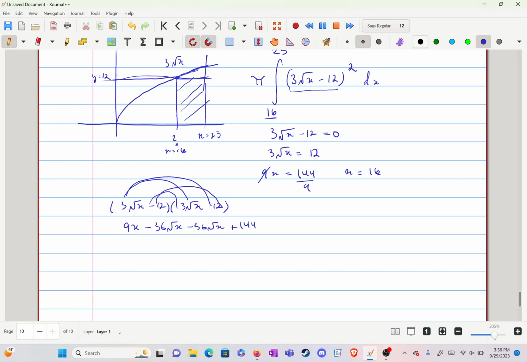Positive 144. It's 9x minus 72 square root of x plus 144, and that is our expanded expression. So now pi times the integral from 16 to 25 of 9x minus 72 square root of x plus 144 dx.